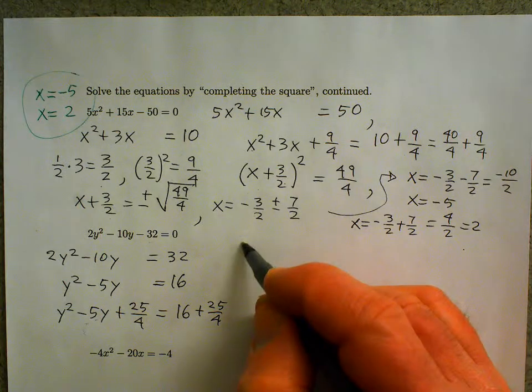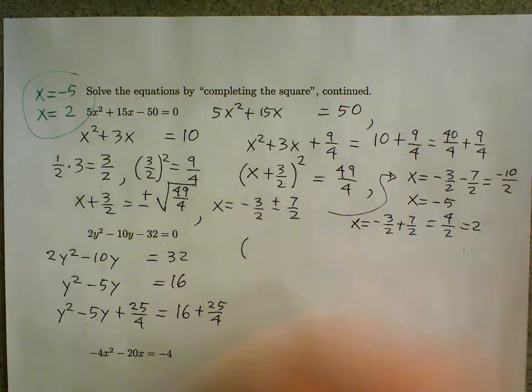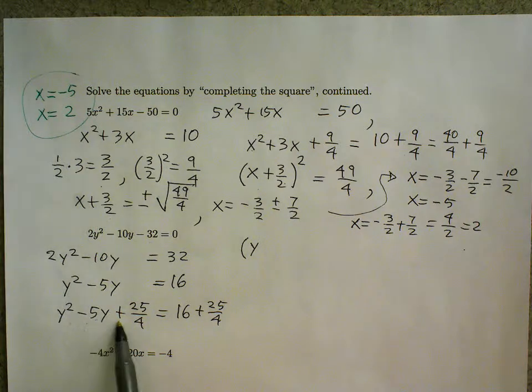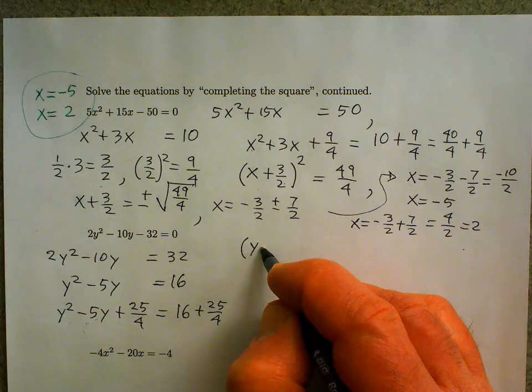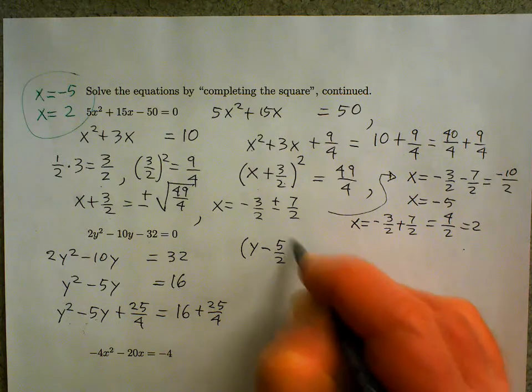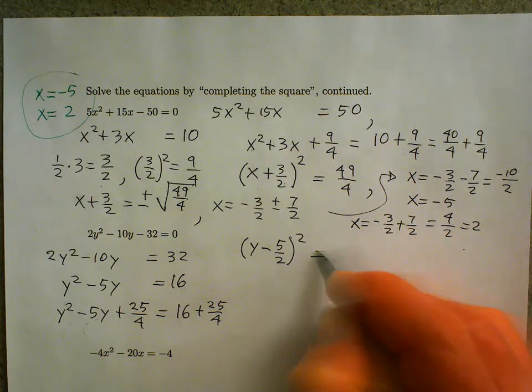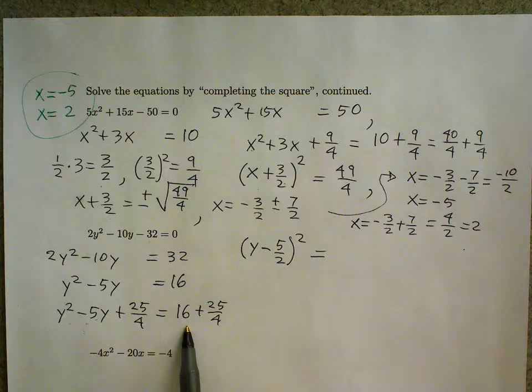The left-hand side is a perfect square trinomial. So y squared minus 5y plus 25/4 is equal to the binomial y minus 5/2 squared. And the right-hand side, 16 plus 25/4 is equal to 89/4.